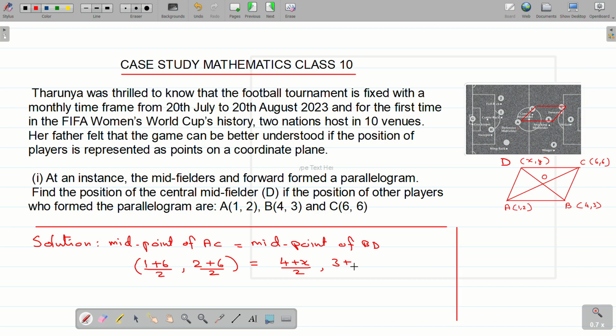Y coordinate of the midpoint of BD, (y1 plus y2) by 2, that is (3 plus y) upon 2. X coordinates will be equal and y coordinates will be equal. So 7 by 2 is equal to (4 plus x) by 2.